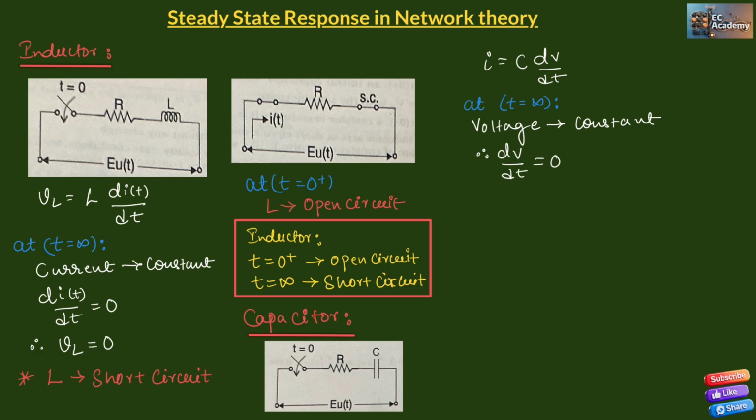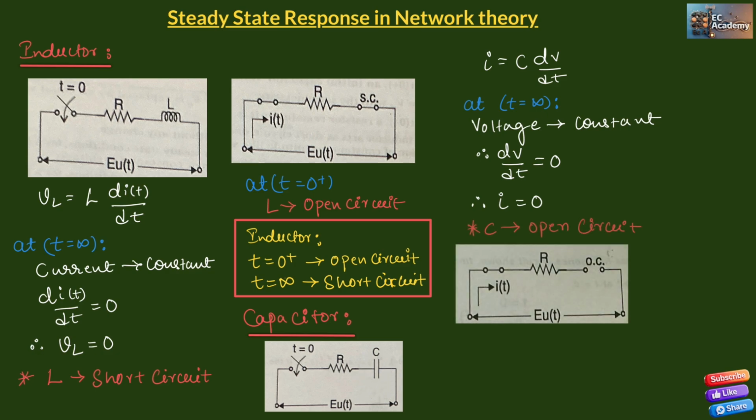So, if we differentiate constant, we will get 0. Therefore, the current in the capacitor will also be equal to 0. So, this means there will be no current flowing through the capacitor. Hence, the capacitor acts as an open circuit. So, in steady state, the capacitor will act as open circuit.